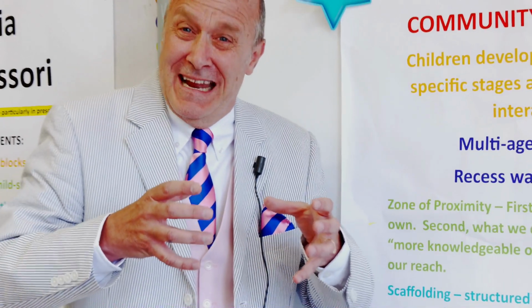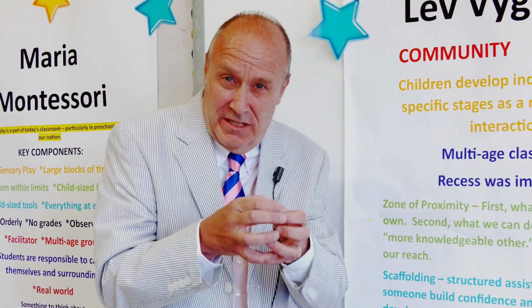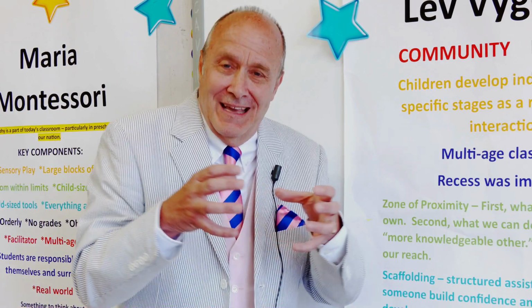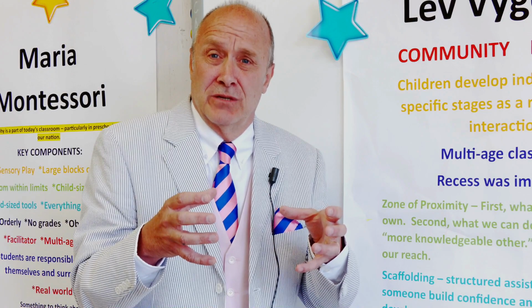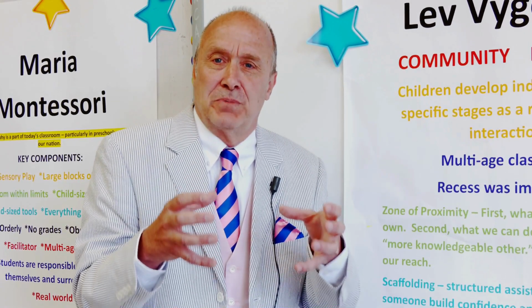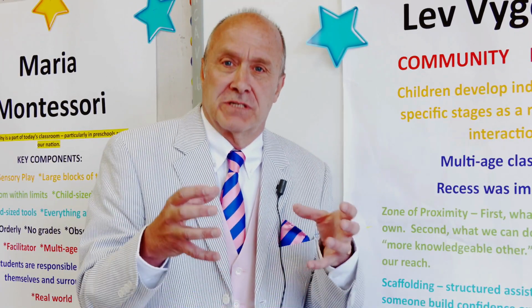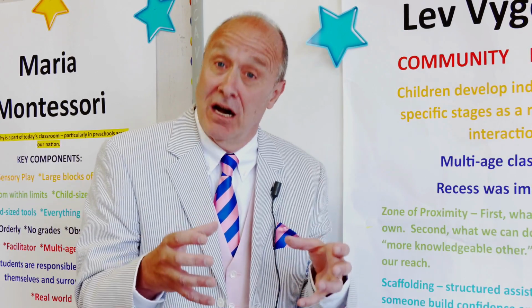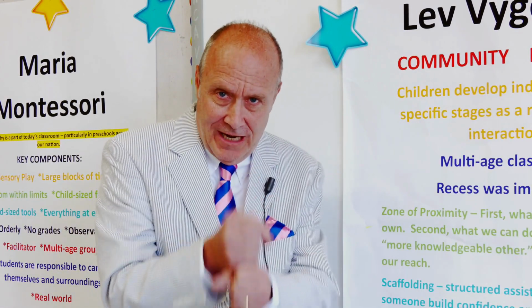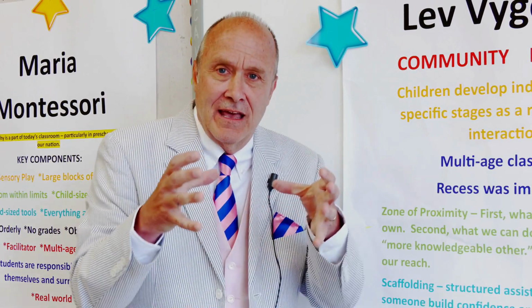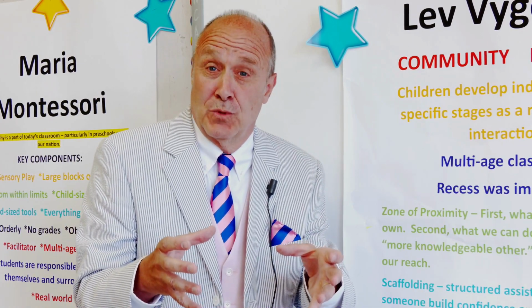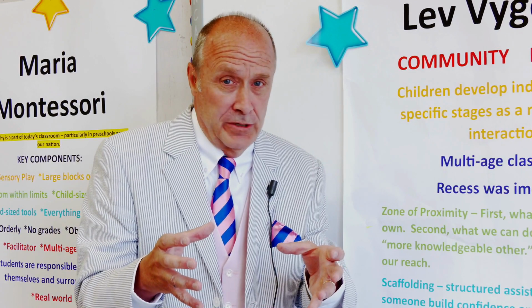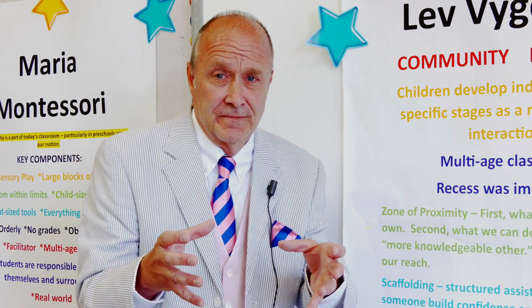Then the next circle that's outside what the child can do on his or herself is what a child can be successful in with some type of help from a peer or someone older that's more knowledgeable. So what a child can do by his or herself, and then what a child can do with some help from someone who's more knowledgeable, peer or an older person, a teacher.